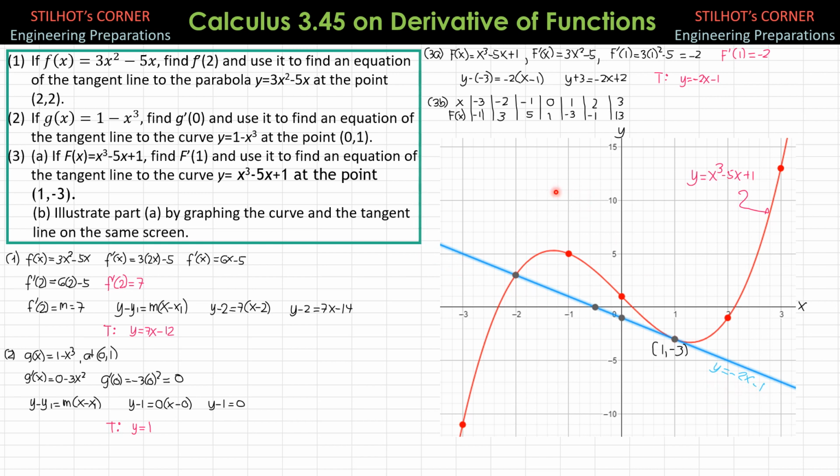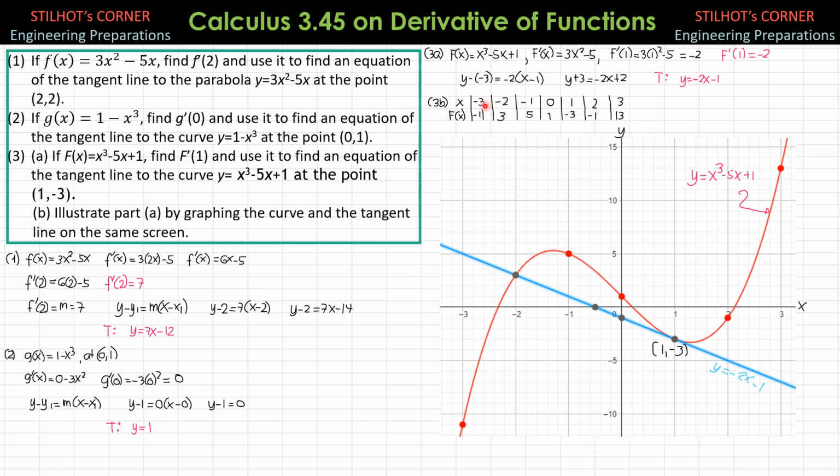But for this cubic function, we have to plot some points from negative 3 to 3. When x is negative 3, you may generate these values using your calculator's table mode. It starts with negative 3, ends with 3, and the step is 1. And this will be automatically generated.